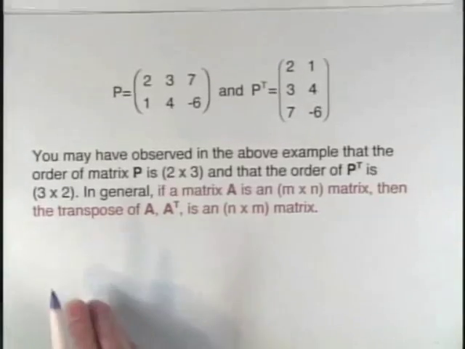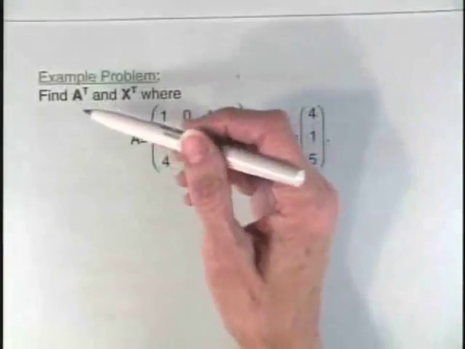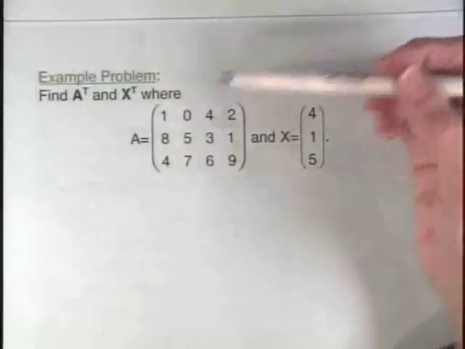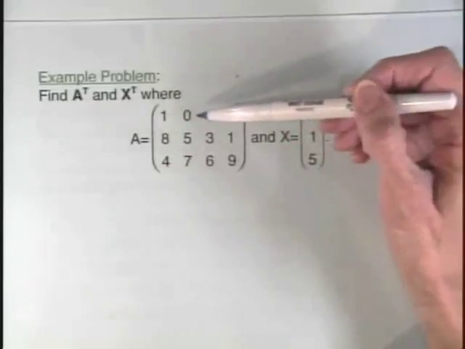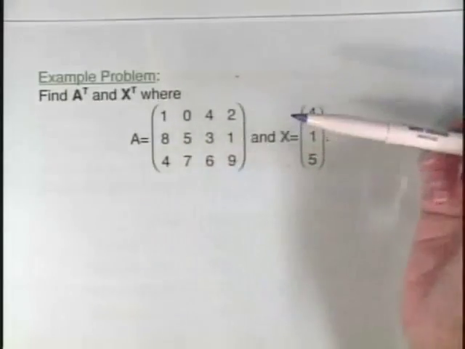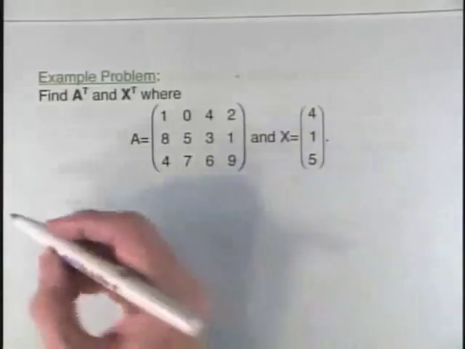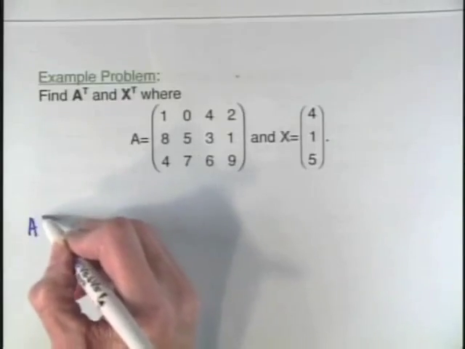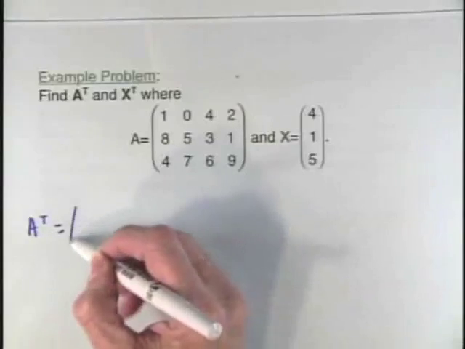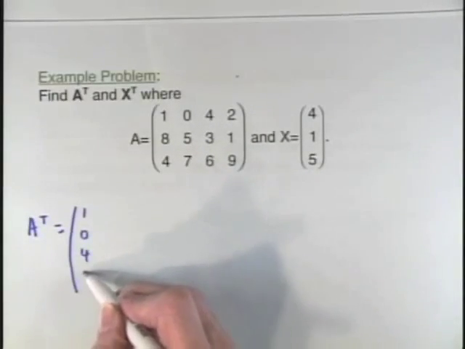Let's look at an example problem. In this example, we want to find A transpose and X transpose, where A is the matrix 1, 0, 4, 2 in the first row, 8, 5, 3, 1 in the second row, 4, 7, 6, 9 in the third row. To find A transpose, we will take the first row and make it the first column: 1, 0, 4, 2.